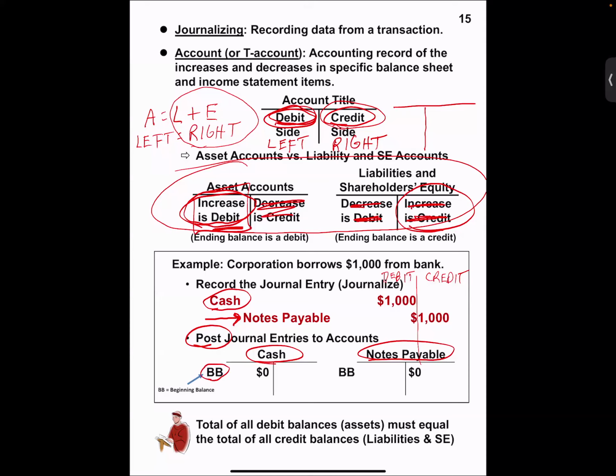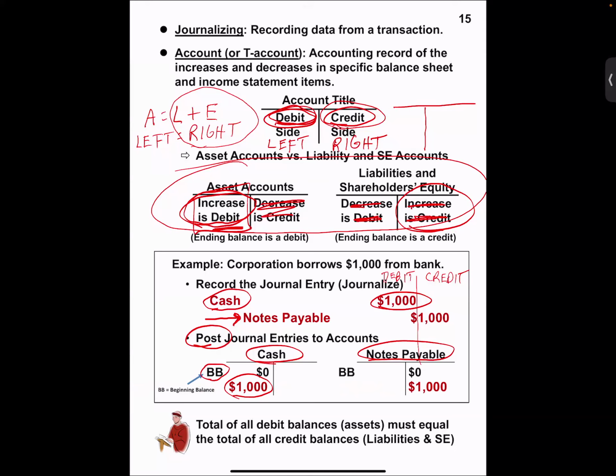Then we simply record what happened in these accounts. Well, we know we just debited the cash $1,000. So we see $1,000 being recorded in this posting process as a debit, and for notes payable, we're recording a credit to the note payable account.